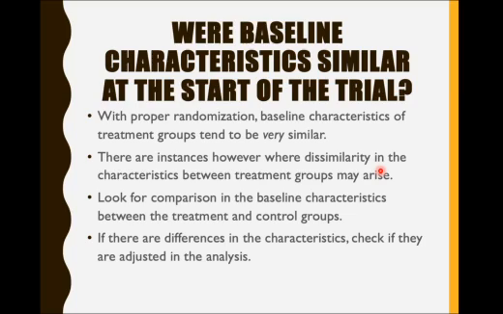So there may be instances where, even though we have randomization, their characteristics tend not to be similar. But this occurs in very, very few instances. In the majority of cases, characteristics should be similar if you do randomization.